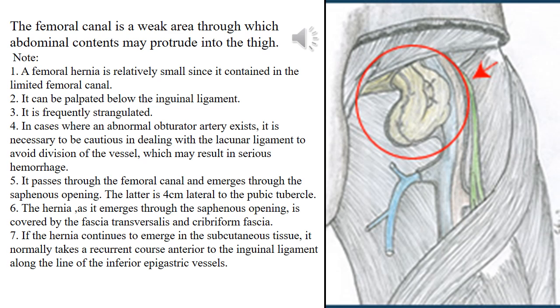The way we deal with femoral hernias is that we reduce the contents back into the abdomen by excising the lacunar ligament, and then we restitch the lacunar ligament. So femoral hernia is an important clinical scenario that is related to the femoral canal and the femoral ring.